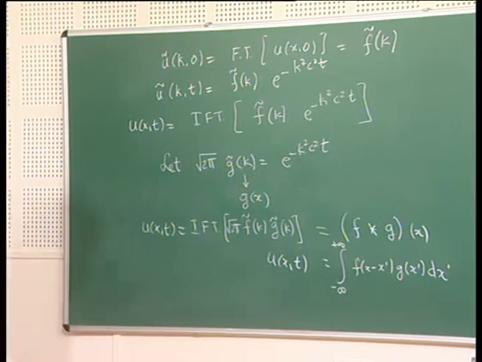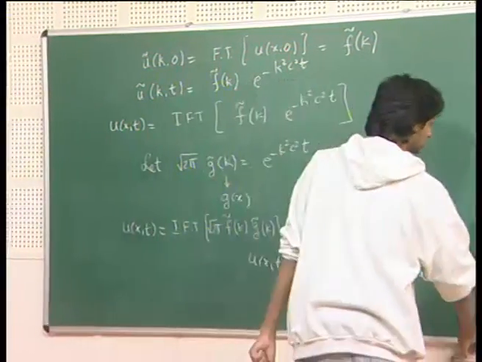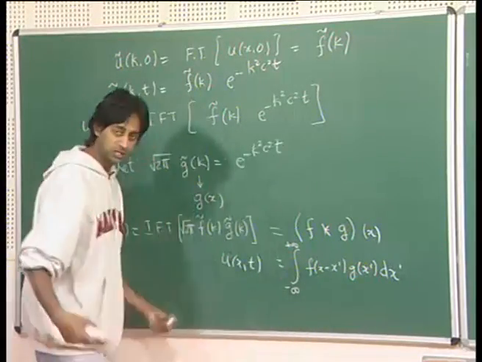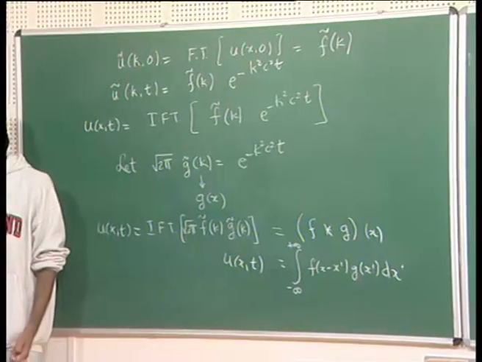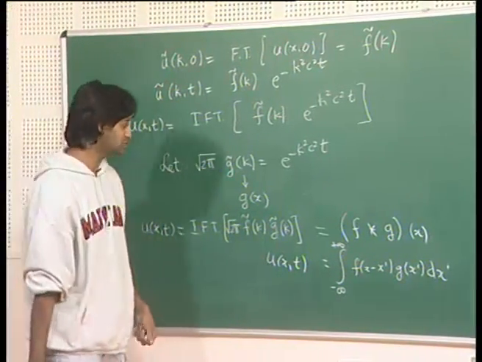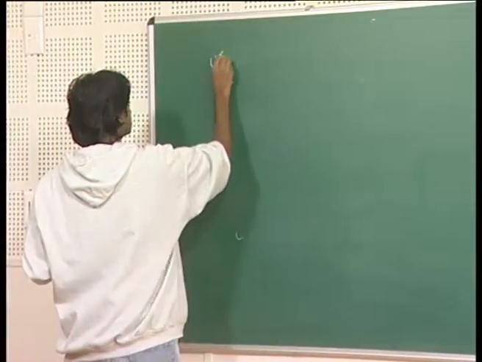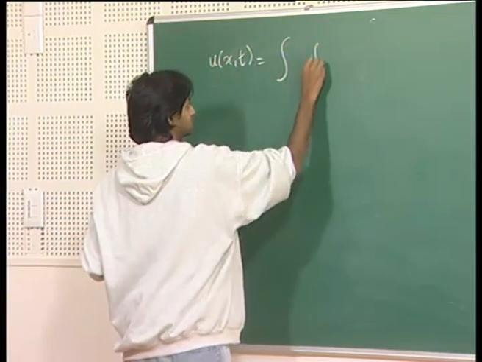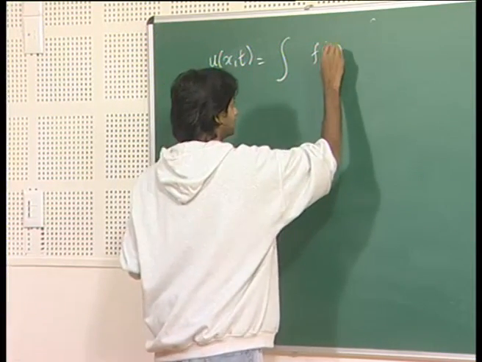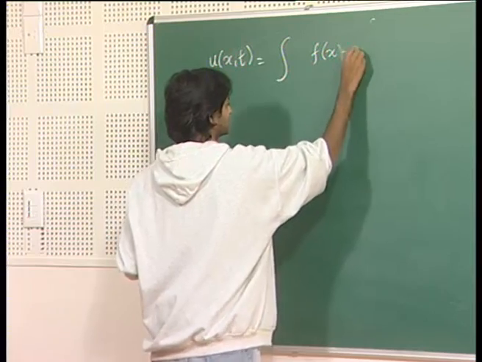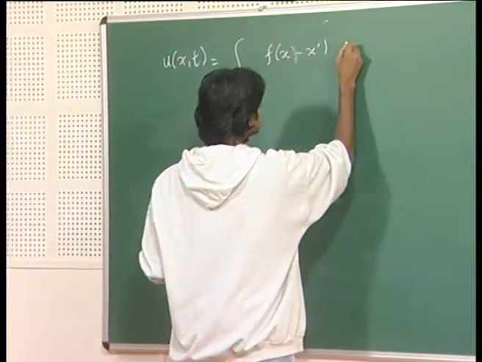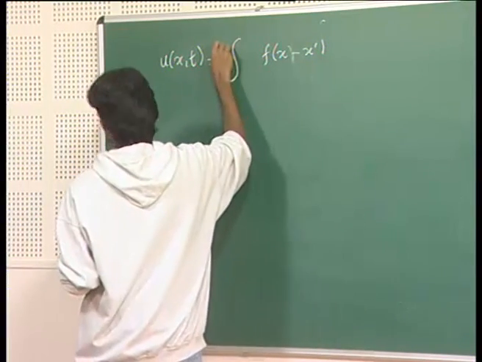So when you put all of it together, you will put this g of x here. We are given the form of f of x, whatever form of f of x you are given, you can do this integral. So the final solution u of x t is the integral of f of x minus x prime into, I had a 1 over root 2 pi here.